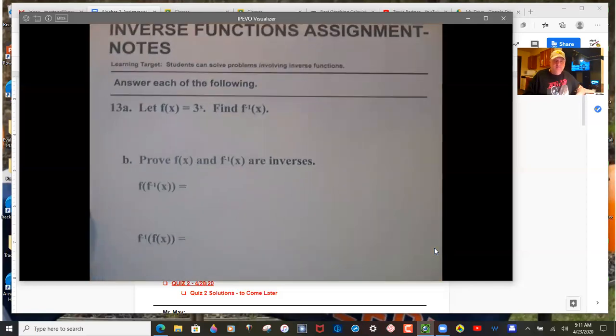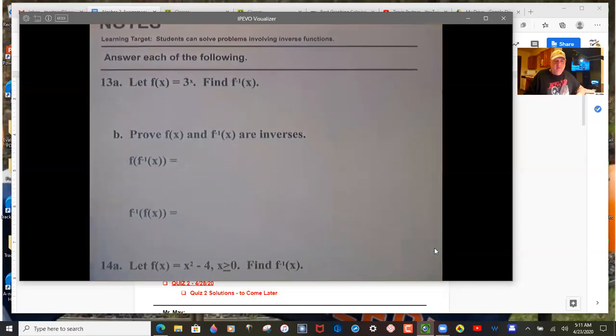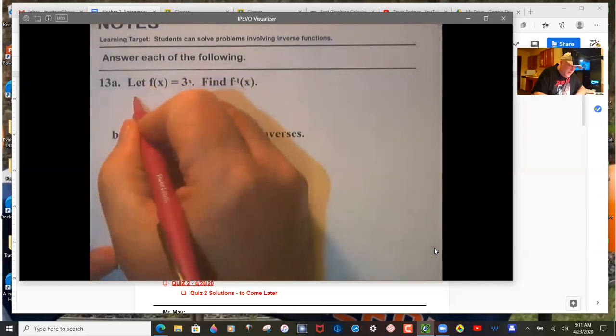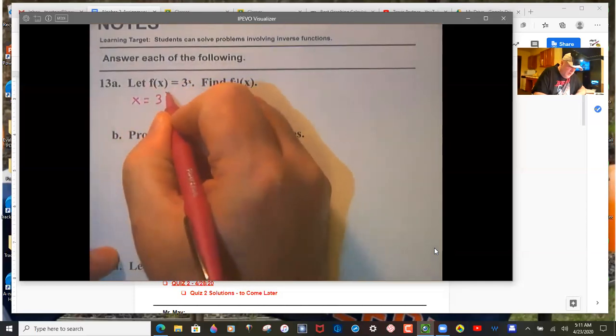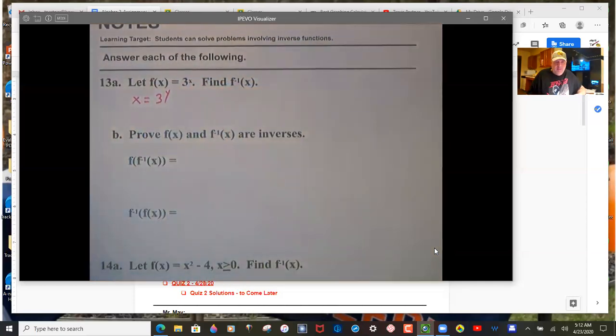The last two, I did throw other functions in here, which you need to be a little bit familiar with. So this is an exponential, and immediately, what's the inverse? That's a logarithm. We dealt with that in the last unit. That won't go away very easily. So you're going to interchange the variables, and now we want to get at y.